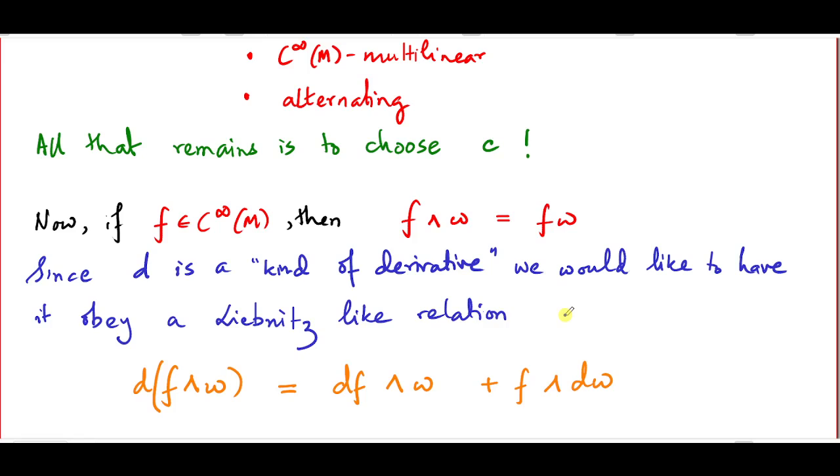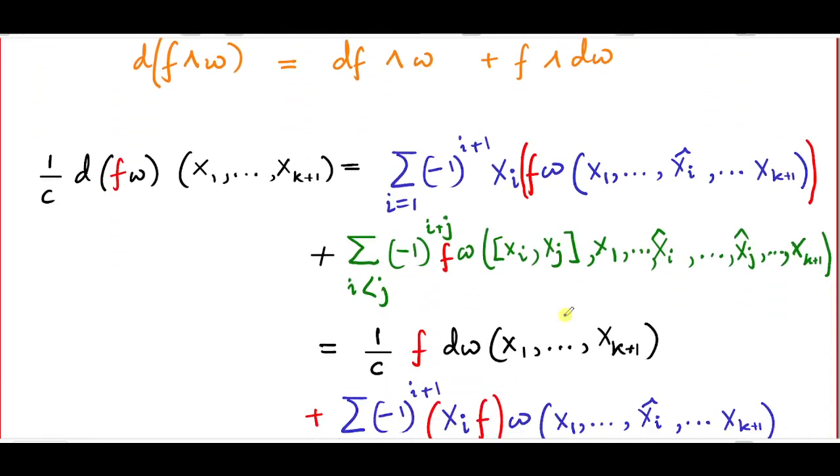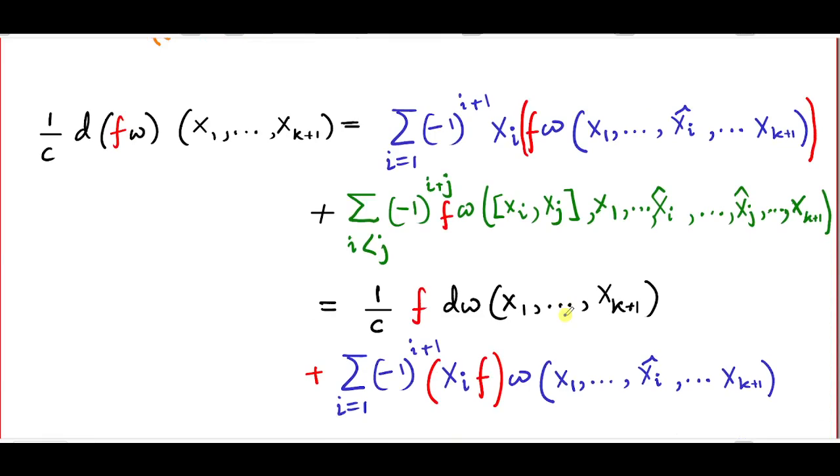D of f wedge omega, we want it to be df wedge omega plus f wedge d omega. But now, if you start with our definition and plug in f omega in place of omega, what you get is simply this. You have this term, our first sum in the definition for d omega, where you have f omega sitting here, and a second term where you have an f omega sitting here.